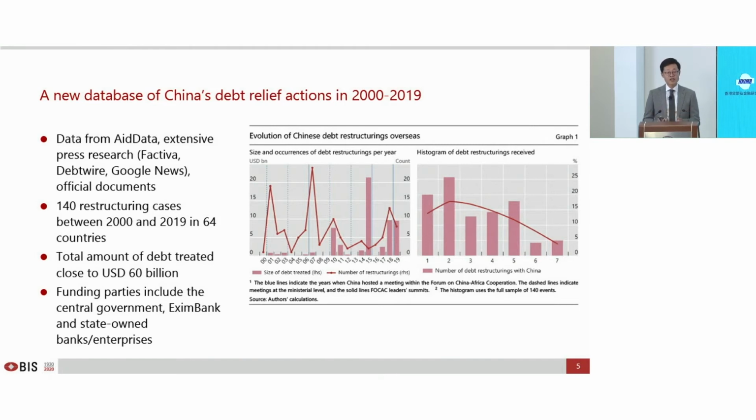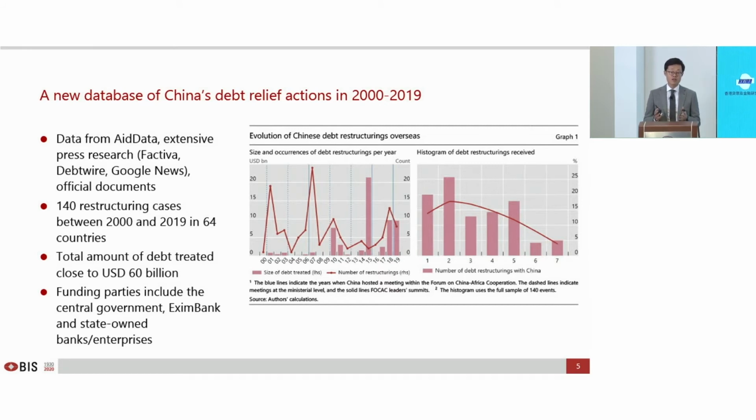For African countries, the debt relief was pretty much driven by a big event led by China, which is the China-Africa Forum. You can see the blue bars, which represent important meetings within this platform launched in 2000.